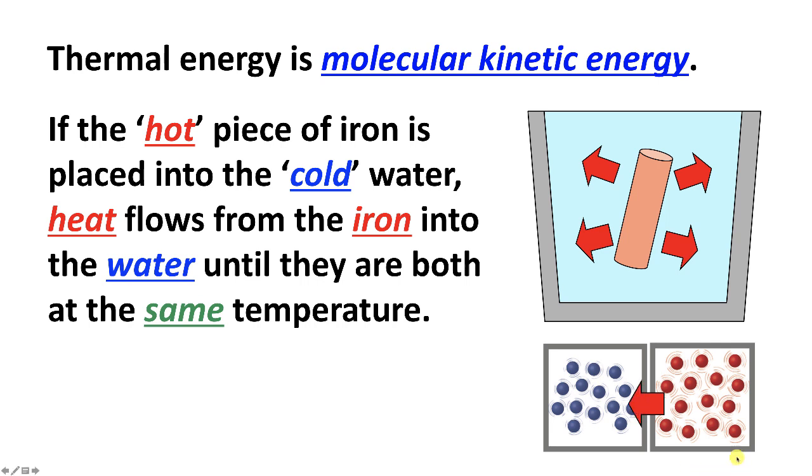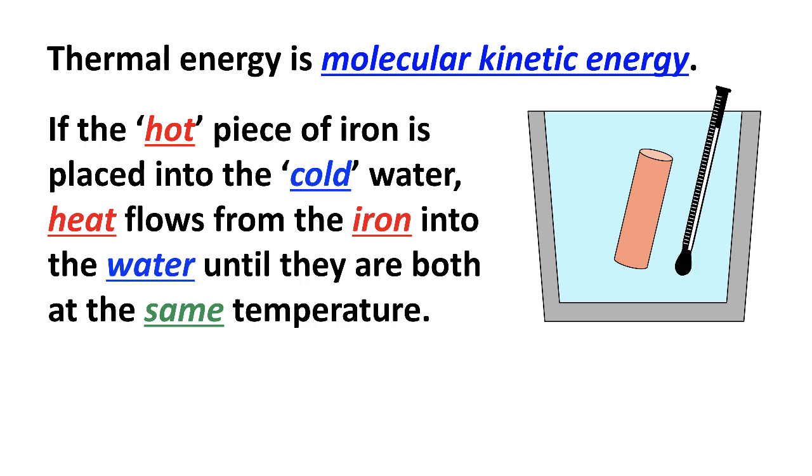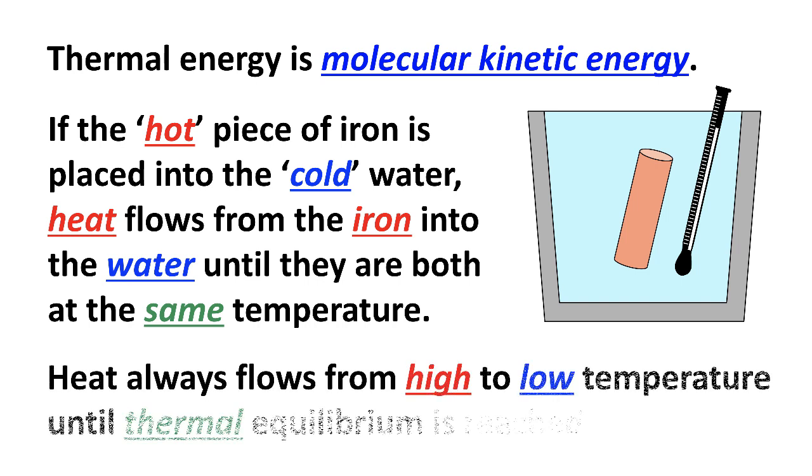And when this happens, the iron atoms go slower, the water molecules go faster, the temperature of the iron decreases, the temperature of the water increases, and this energy transfer continues until both substances are at the same temperature. And we would also say that they have reached thermal equilibrium, and this is always what happens.